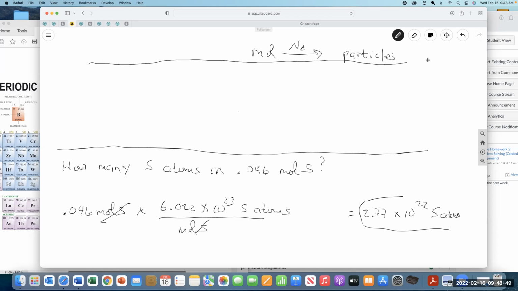Let's do another one. How about how many moles of sodium in 1.185 times 10 to the 19th sodium atoms?